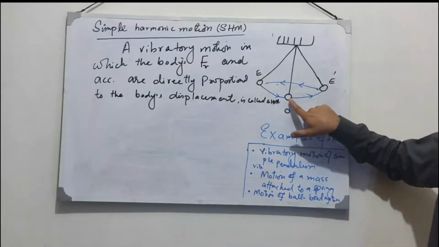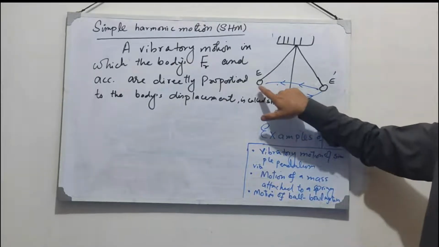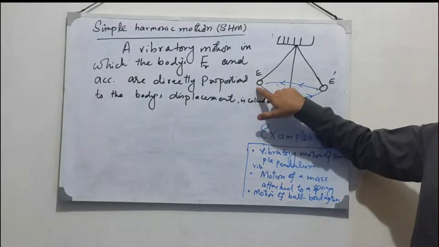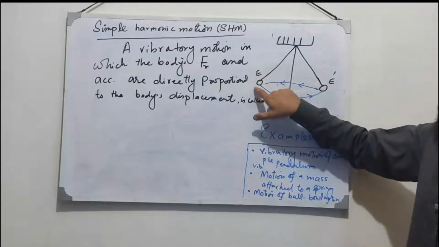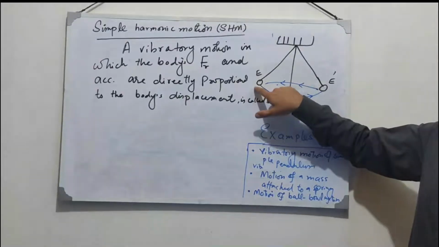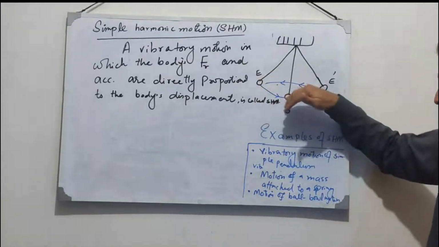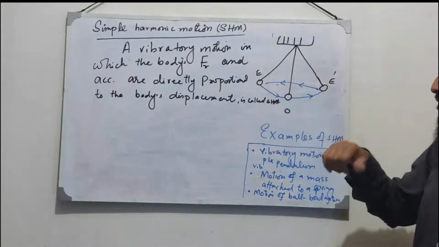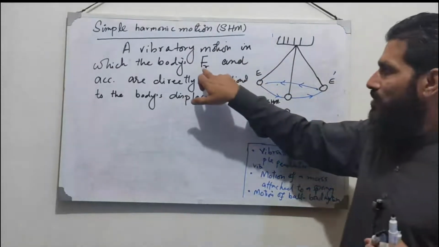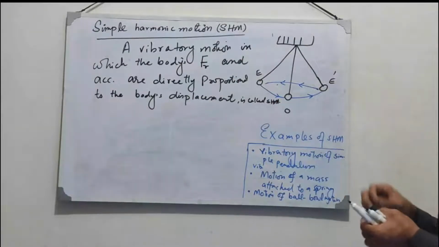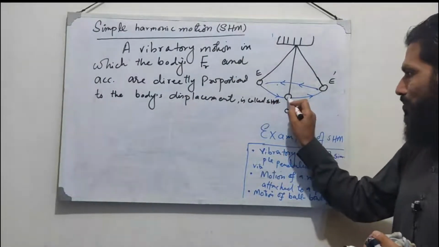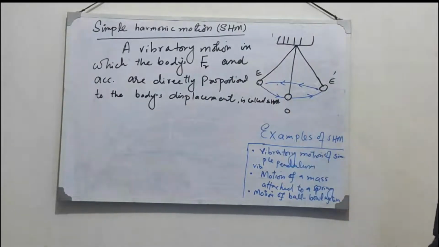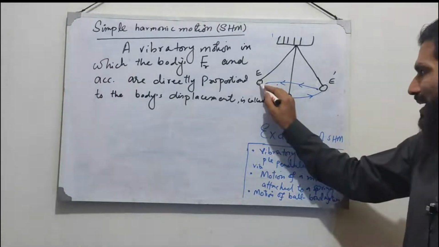When it is displaced from this mean position to an extreme position and released, it will not stay there. A restoring force will act on it to restore the block to its original position. This displacement from mean to extreme is called amplitude, or basically the displacement, denoted by x.